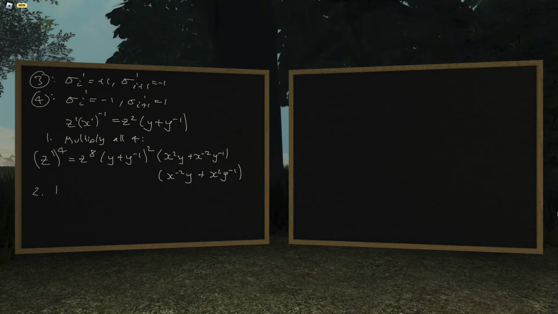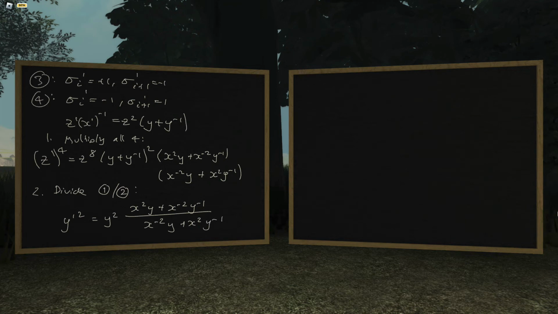And for the second one, if we divide the first one by the second one, we get y prime squared is equal to y squared x squared y plus x to the -2 y to the -1 over x to the -2 y x squared y to the 1.